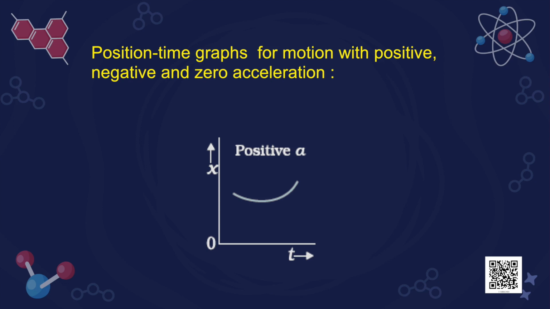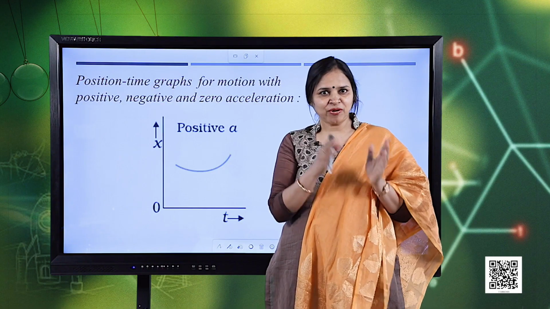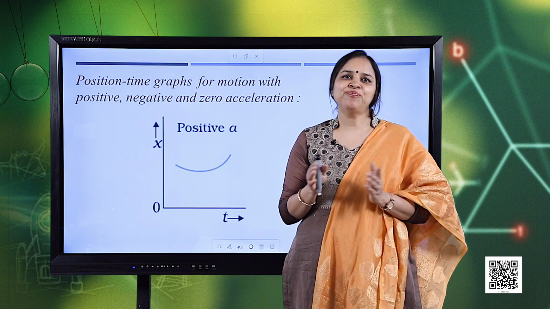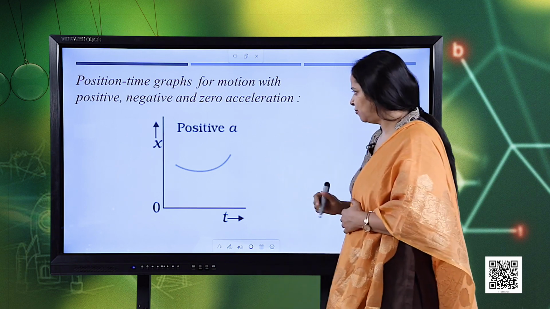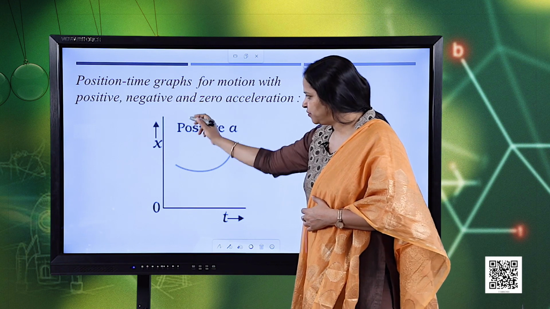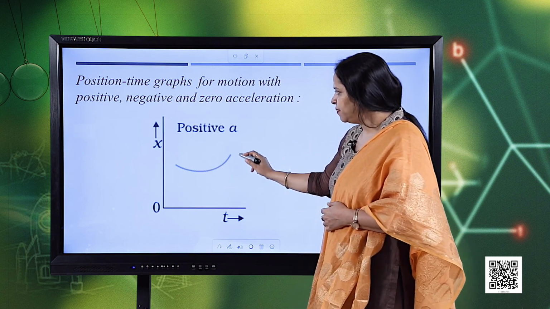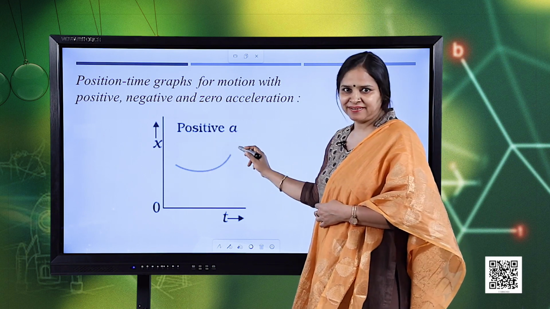Now, as we know that acceleration can be positive, negative and 0, let us discuss positive, negative and 0 acceleration in terms of the position time graph. Here we can see a position time graph, and this curve represents positive acceleration.